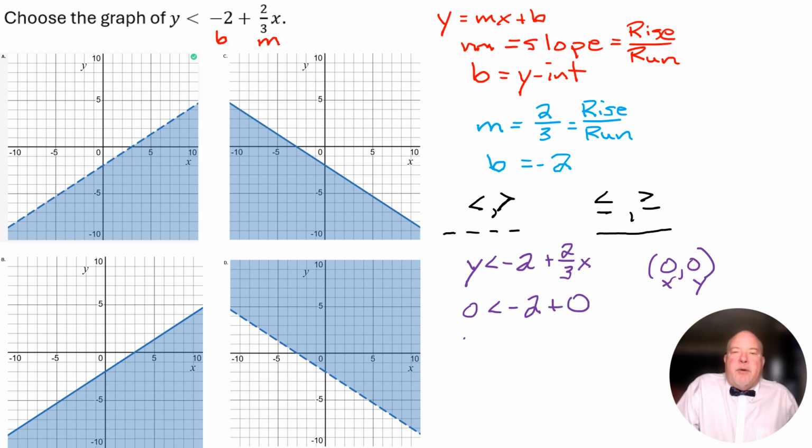So really what I end up with is 0 is less than -2. And 0 is not less than -2. 0 is actually greater than -2. Since this is not true, that means 0, 0 is not a solution to the inequality. And since 0, 0 is not a solution, the solutions are on the other side of the line. And that's why this side is shaded here.